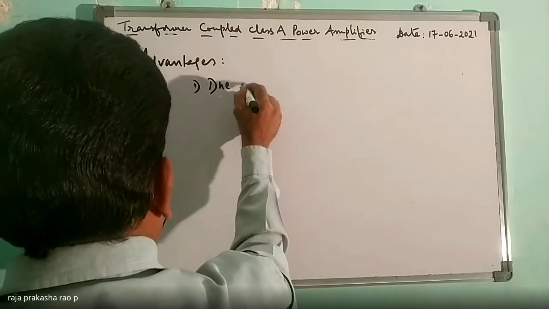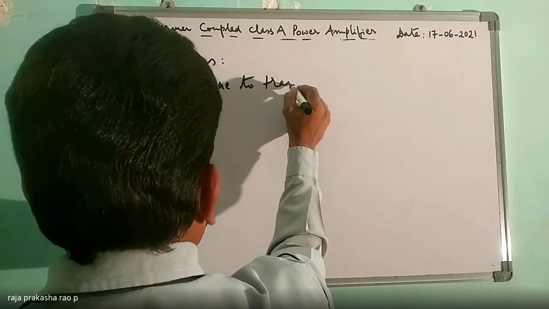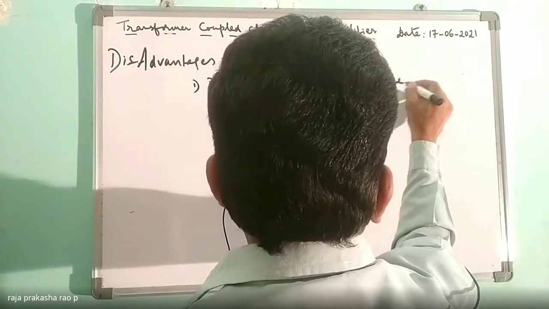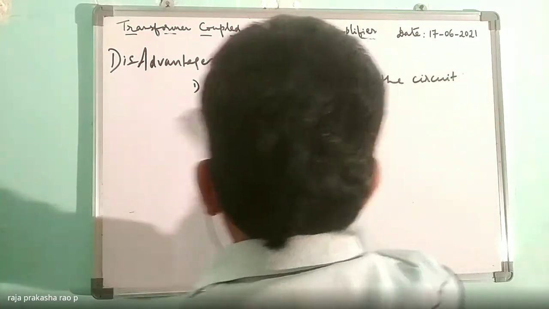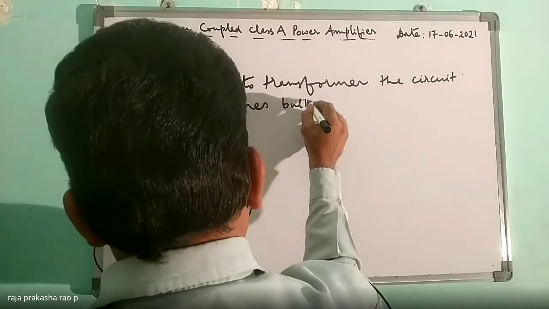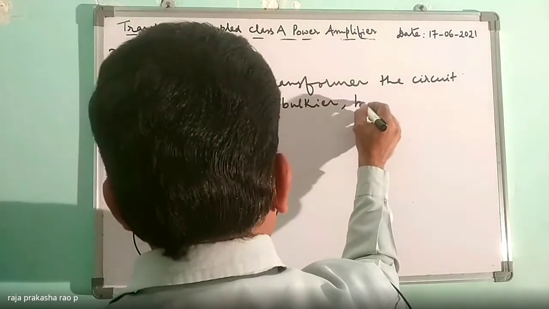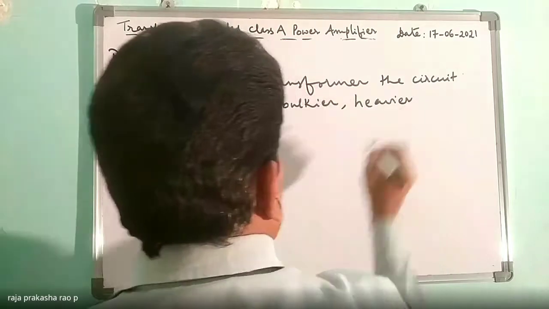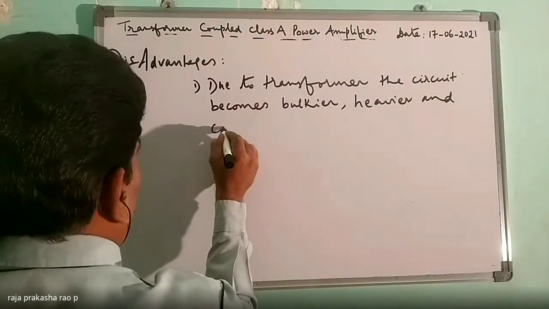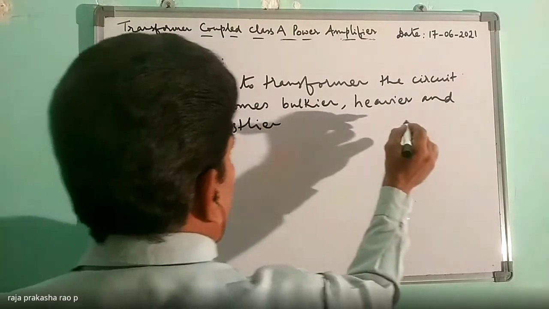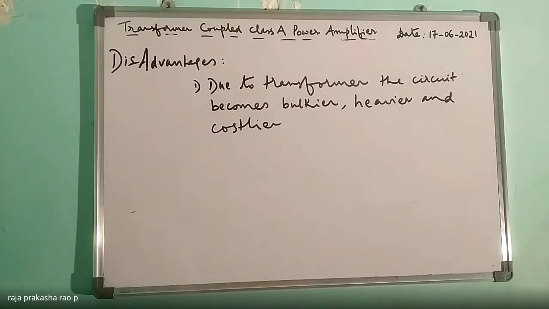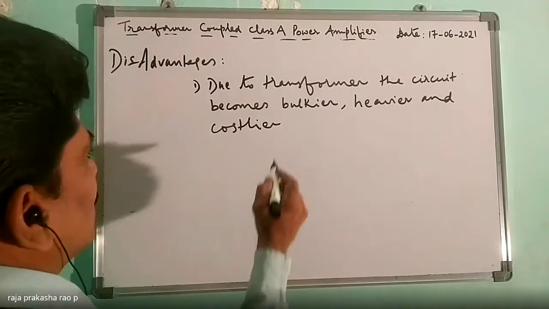Due to the transformer, the circuit becomes bulkier, heavier and costlier. This is the first disadvantage.